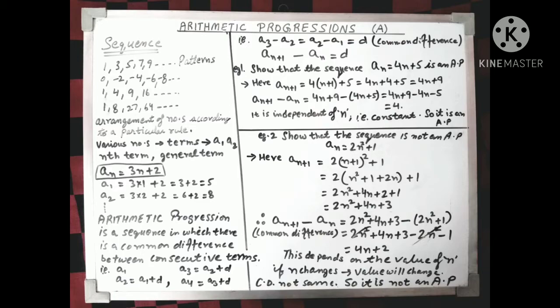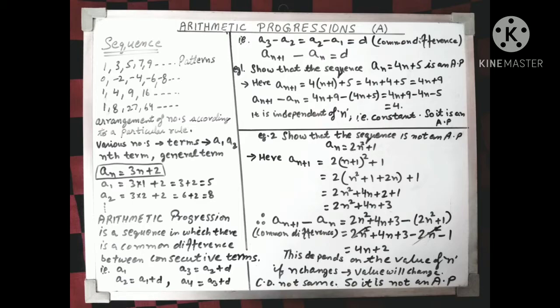Suppose we are given a sequence whose general term is an equal to 3n plus 2. That is, the nth term is given by 3n plus 2. Find the first term and the second term.